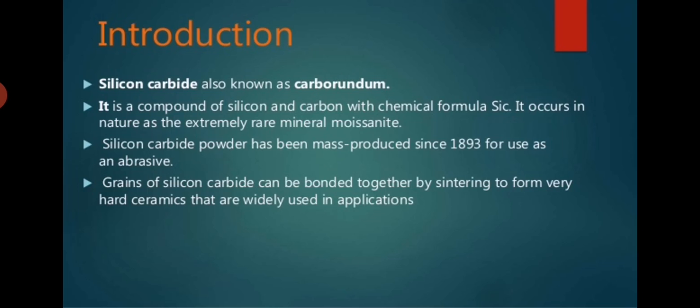Silicon carbide powder has been mass produced since 1893 for use as an abrasive, and grains of silicon carbide can be bonded together by sintering to form very hard ceramics that are widely used in applications.